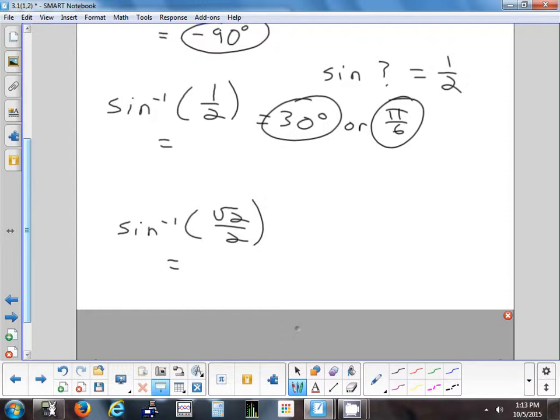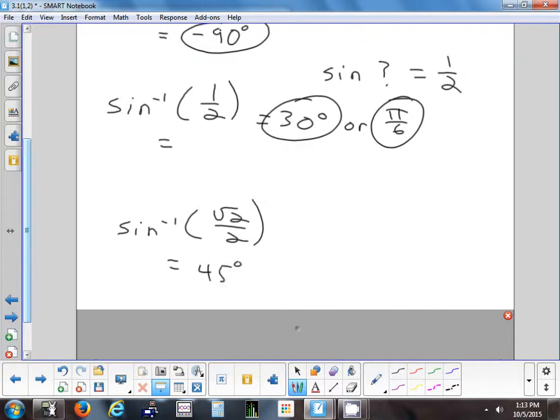Okay, try that one. Inverse sine root 2 over 2. Okay, we'll find the correct answer, and then we'll write the other answer just to make sure people know where it is. So what's the correct answer here? Inverse sine root 2 over 2. Yep, Brandon? 45. Yep, it's going to be 45.